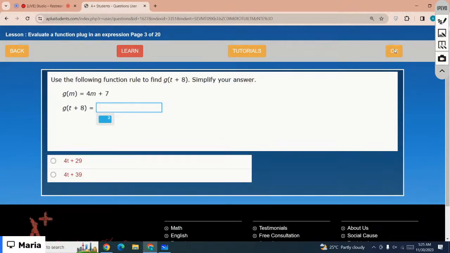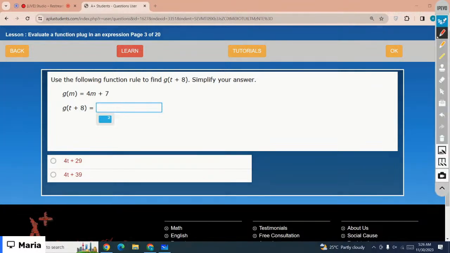Okay, use the following function rule to find g of t plus 8. So which is the correct option? You have to replace the m with t plus 8 and then evaluate. G of t plus 8 means 4 times t plus 8, because you have to replace the m with t plus 8 and then you need to add 7.